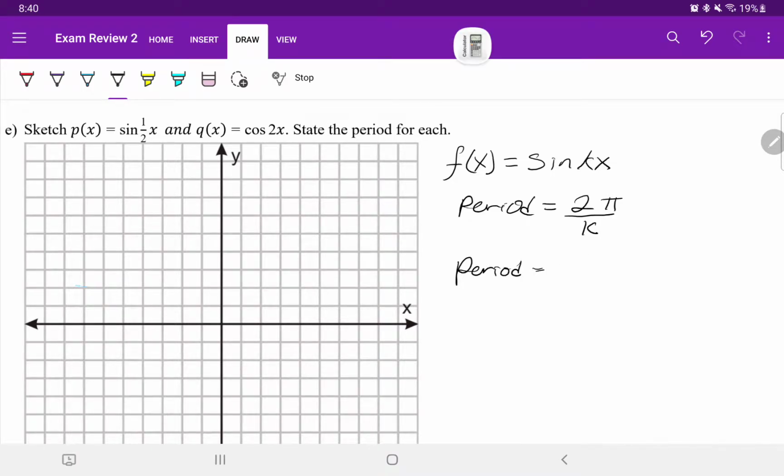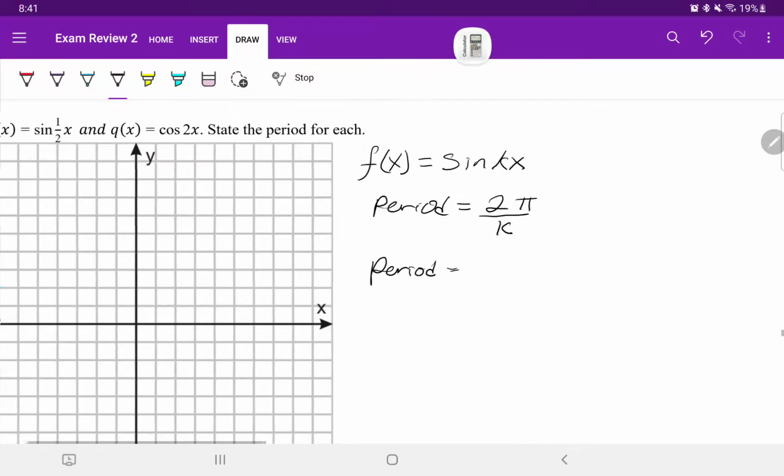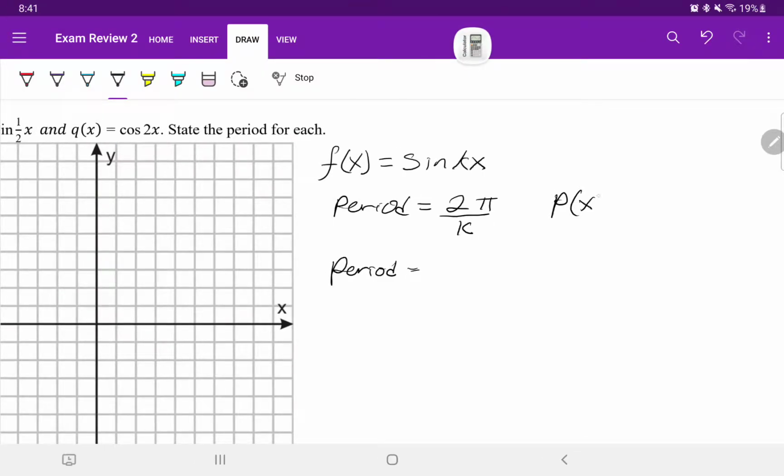The period for the function P of x, which is sine of 1/2 x, is going to equal 2 pi divided by k. And the value of k right there is 1/2. You can't leave it like that, so you must apply keep, change, flip.